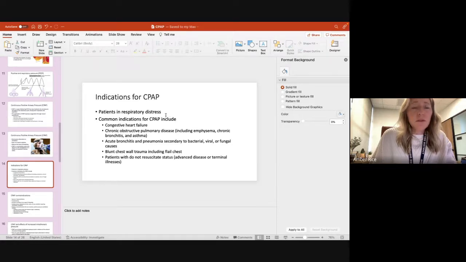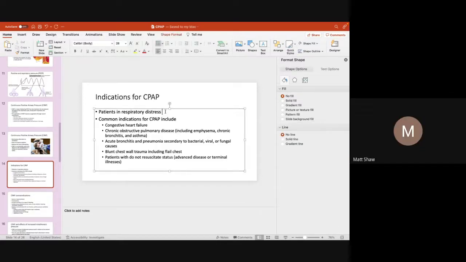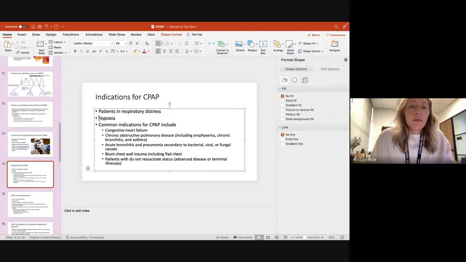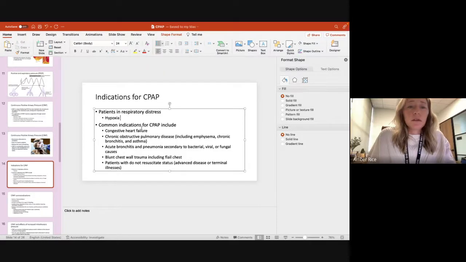I have respiratory distress, but not hypoxia on here. Would you guys add hypoxia? Yeah, I think that's reasonable. Some of our indications are typically increased work of breathing, hypoxia, increased respiratory rate, some of those things. Yeah, I'm going to kind of do it like this.